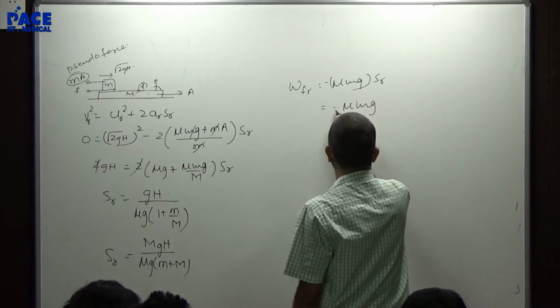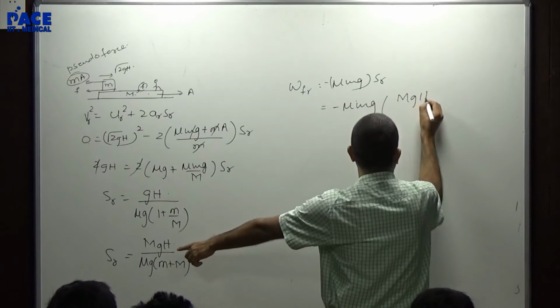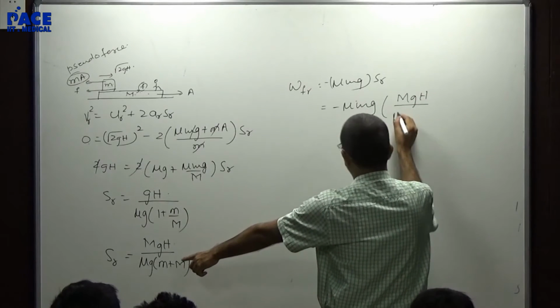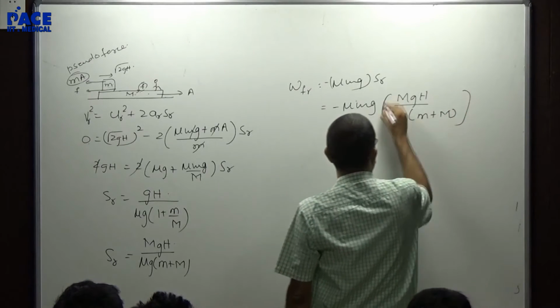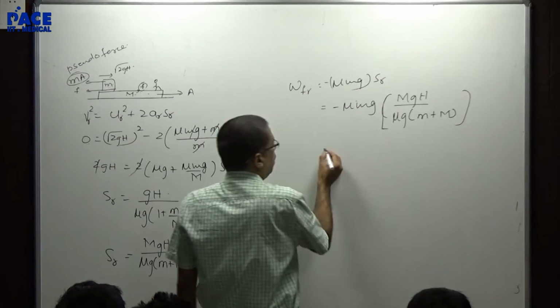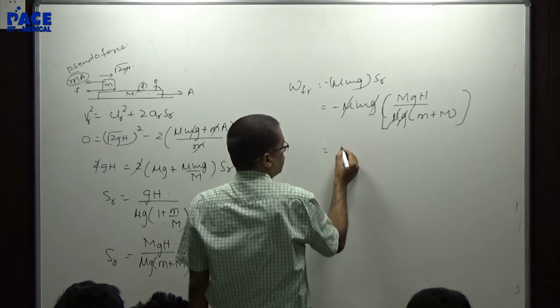Minus mu small m g into capital M gh upon mu g into small m plus capital M. Mu and g will go with this.